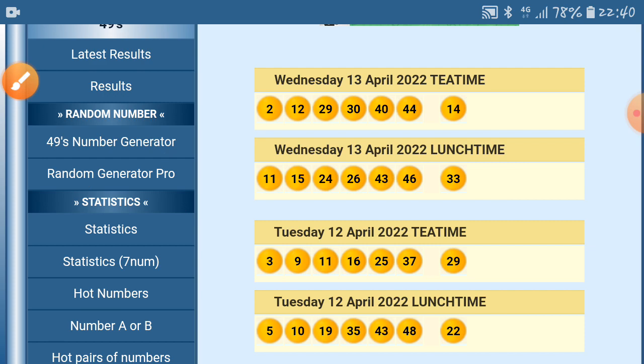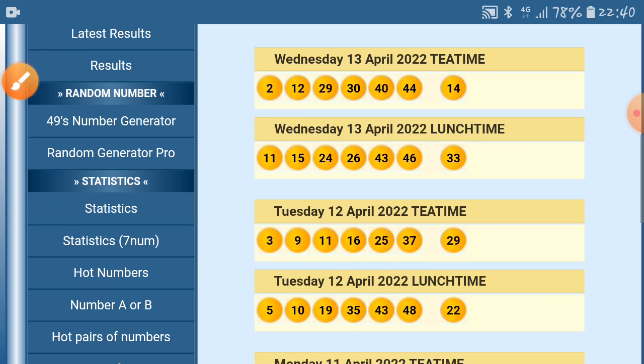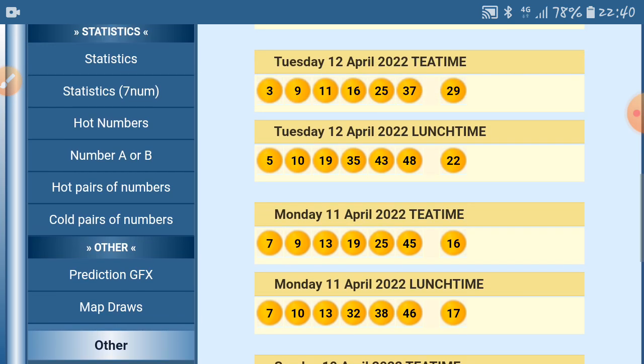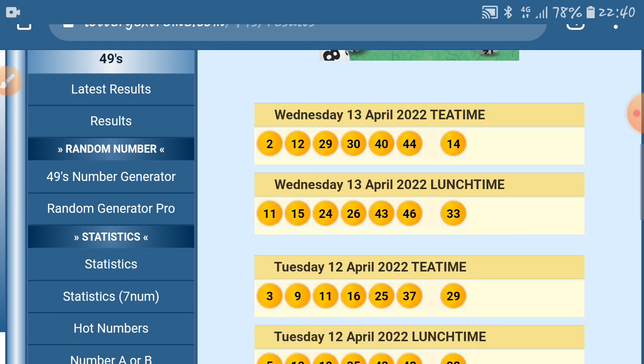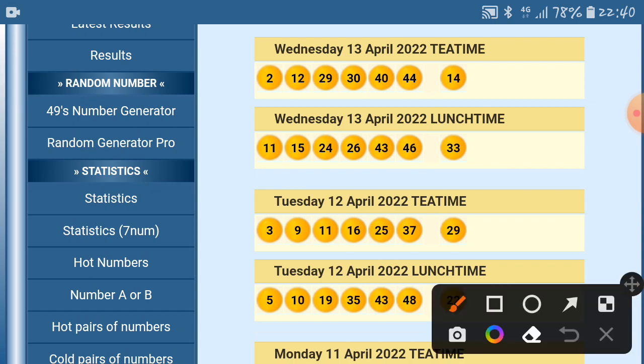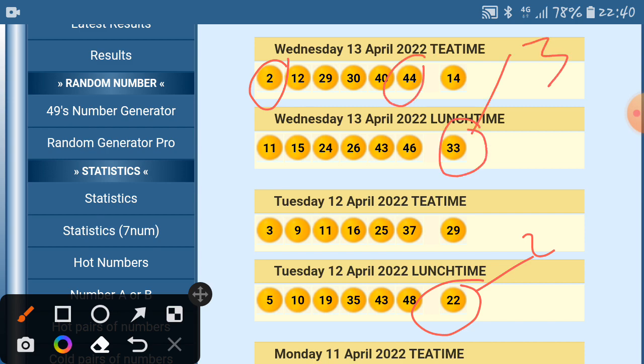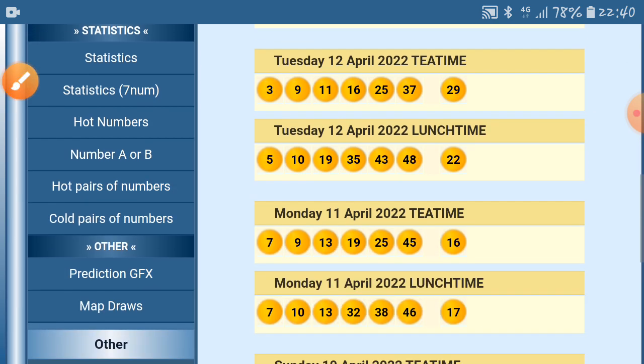So by so doing, we can confidently say this one is a 2, this one should bring us a 3, and this one should bring us a 4, right?